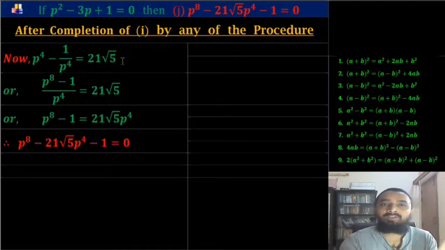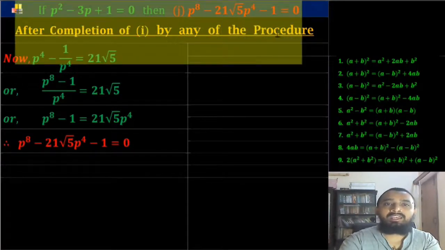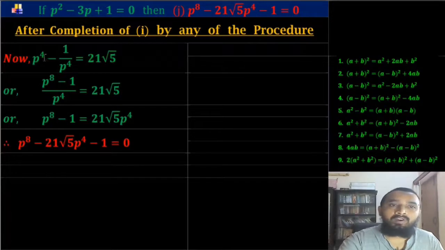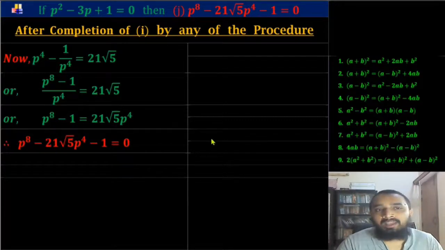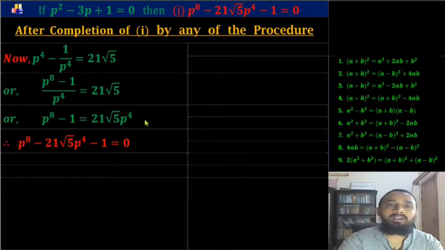Just like the previous one, if we were asked to solve this problem individually, then first we need to find out the value of p to the power 4 minus 1 over p to the power 4 by the procedure that I solved earlier. And now if we take LCM, here LCM is p to the power 4 just like the previous problem, and there we get p to the power 8 minus 1 divided by p to the power 4, and we cross multiply, we get p to the power 8 minus 1 is equal to 21 root over 5 into p to the power 4.